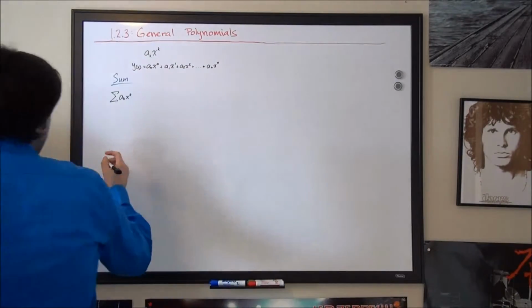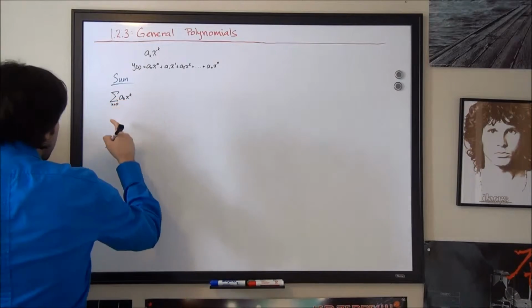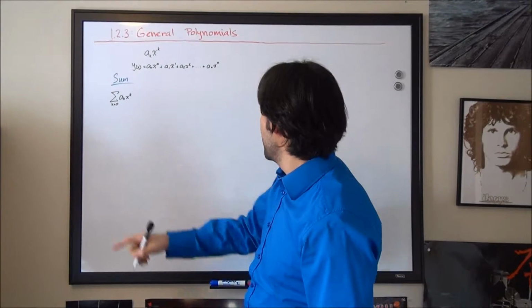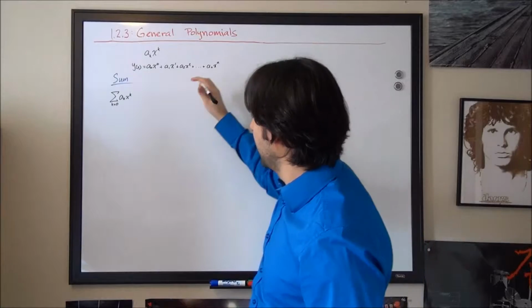So we say that our first term will be when k equals 0. That's our first term. And our last term will be when k is equal to n.